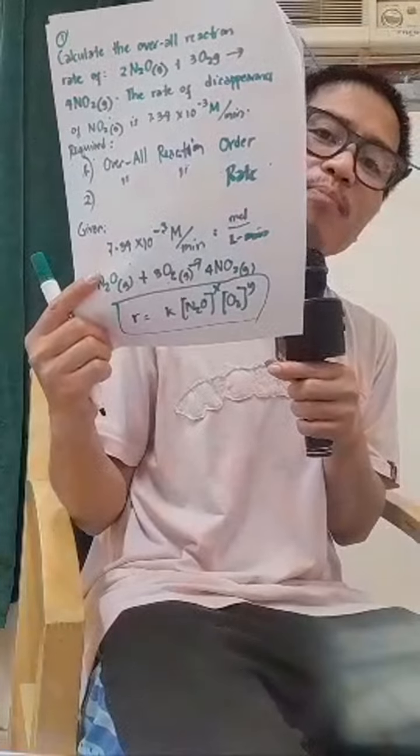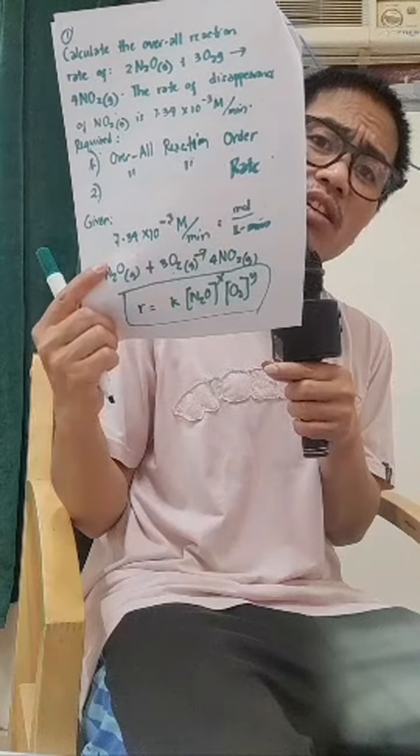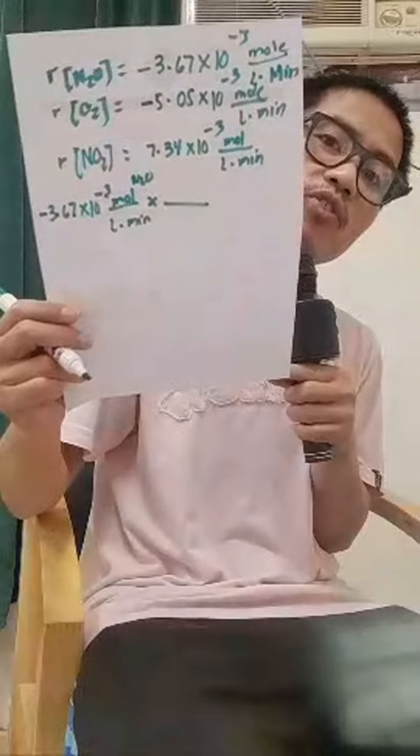Again, the same as what we did in the previous solution. We need to refer to the chemical reaction because, as I said earlier, this is not an experimental initial rate method. There are no tables at all. So use the chemical reaction directly. This one is for N2O. Your moles of N2O will be in the denominator, the same story as before. I don't have to write the moles, it's self-explanatory.